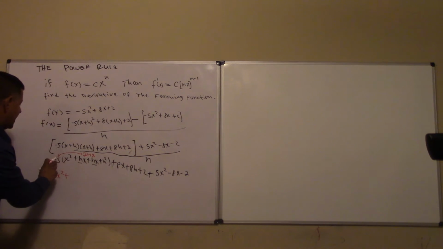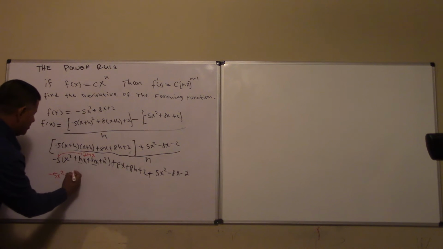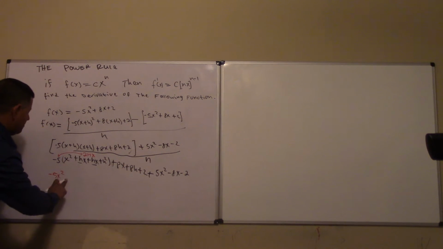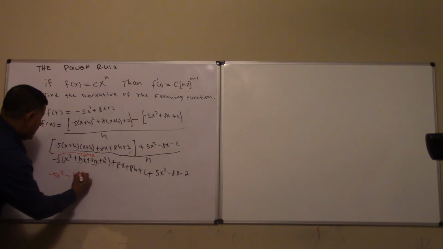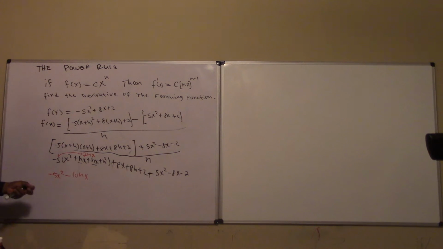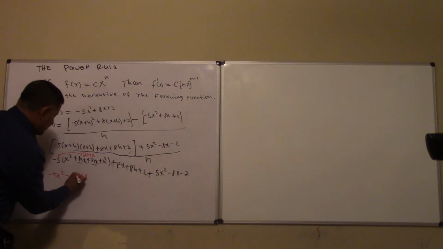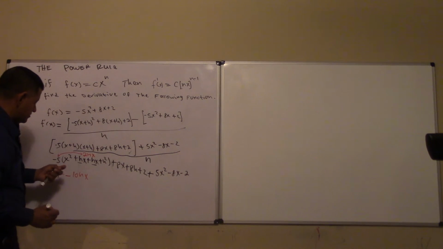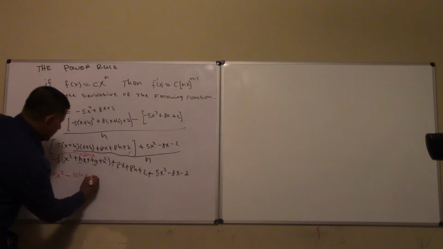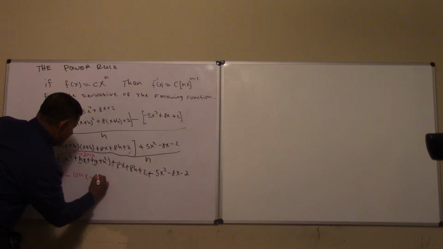Alright, so negative times a positive is going to be equal to minus 10hx, right? Then I get minus 5h squared.